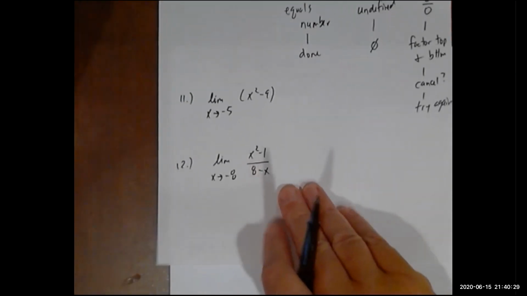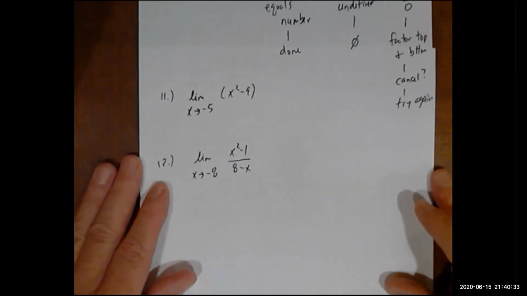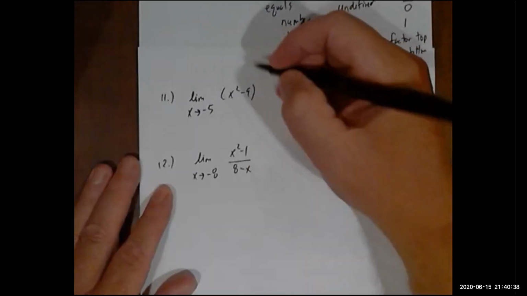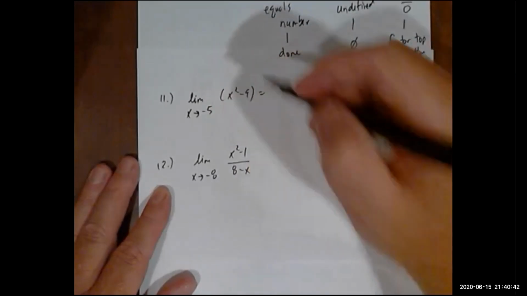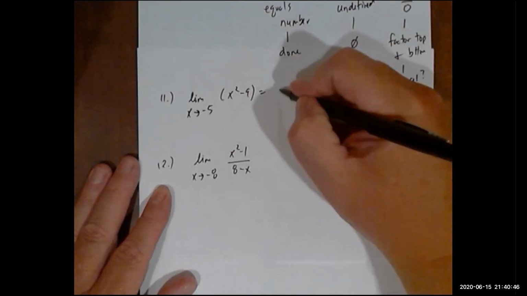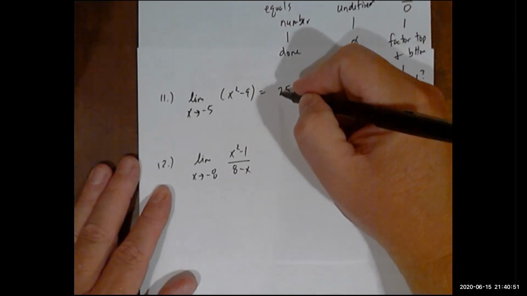So number 11 was the first one. The limit as x approaches -5 of x squared minus 9. So what do you do? You plug in -5 for x. -5 squared is 25. Please don't put negative 25. Sometimes I'll see students do that.